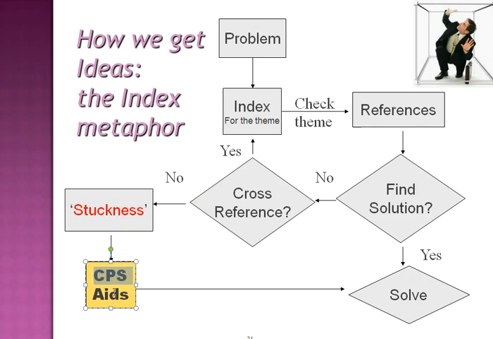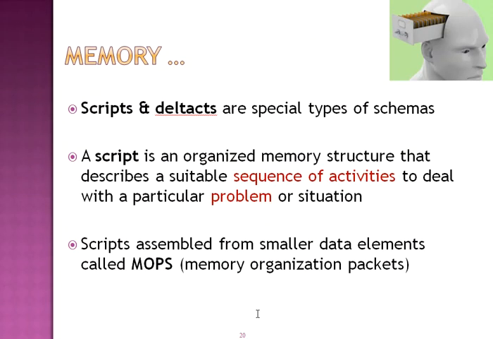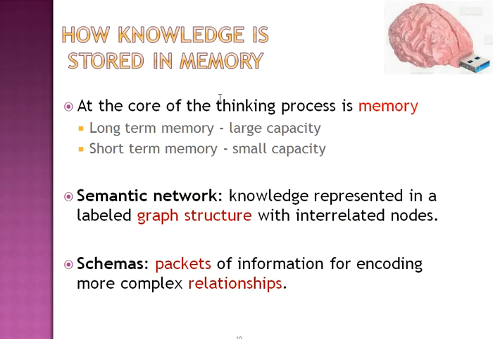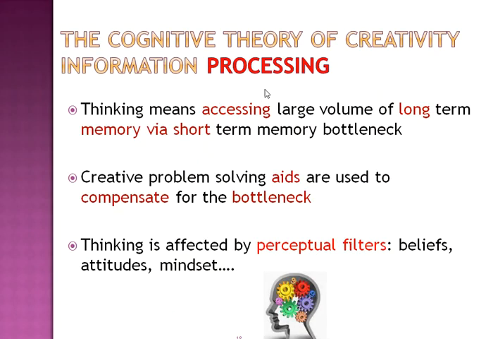CPS is creativity problem solving aids, techniques that help you in such a situation where you don't have references to some previous knowledge, some goals, plans, and scripts to solve the problem. That's the theory, the nice one that we have in our text about how creativity shows up, present in the cognitive model or information processing model of how our brain works.